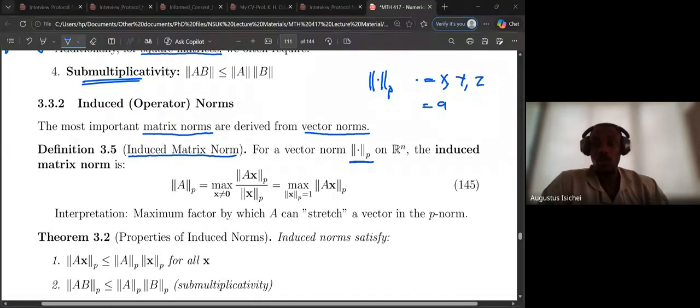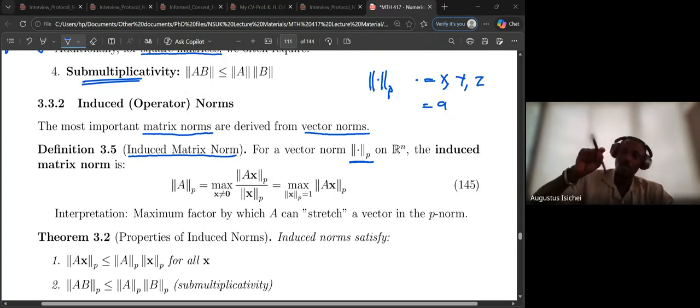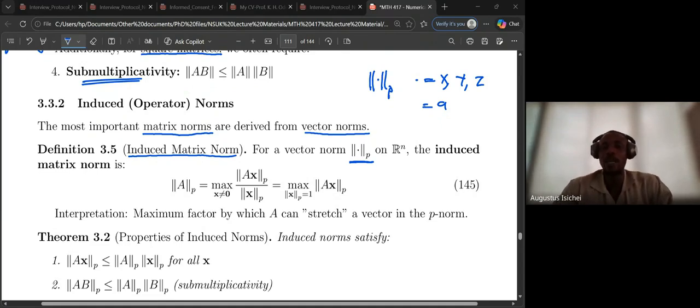Remember, in algebra, if we don't know a thing, or if any quantity will vary, we use variables to represent them, like X, like Y, like Z. Here in norm spaces, we use dots to name a variable norm. That's what it means. So when I put dots, the norm of dot P, it means a variable. That dot can be anything.